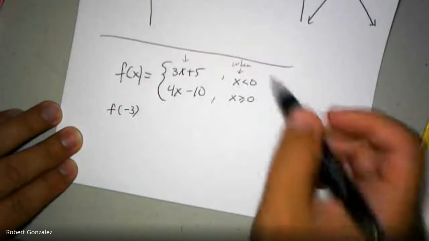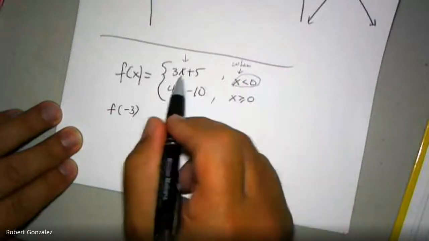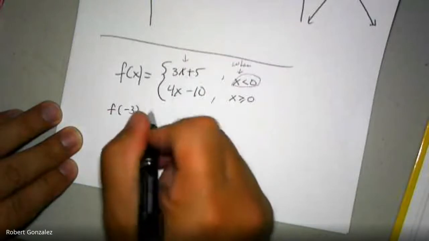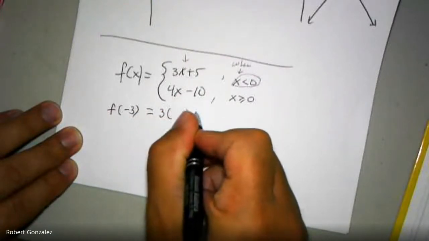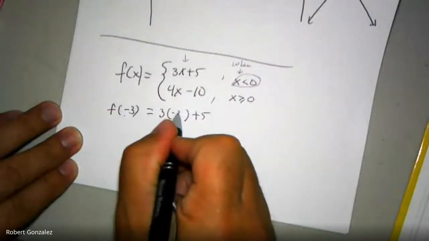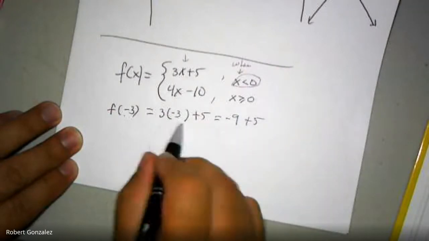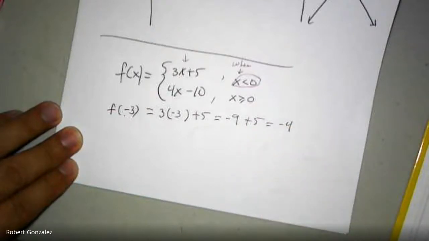Okay, it is the top, because when x is less than 0, this function is going to apply. So I'm going to use this function for evaluating here. 3 times input plus 5. My input is -3. I'm going to get -9 plus 5, order of operations. My answer is going to be -4. Notice right now, I'm not even worried about the graph.